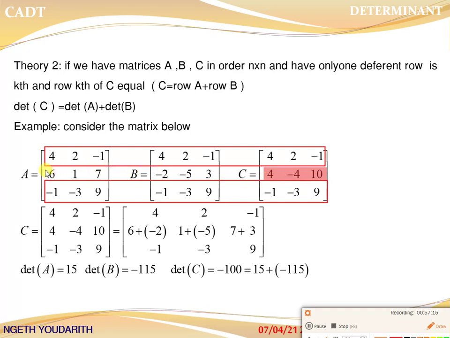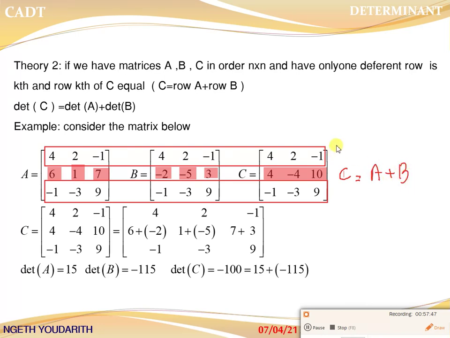It comes from 4 from 6, minus 2, and minus 4 we get from 1, minus 5, and 10 we get from 7, plus 3. So it means that C, in this case, is equal to A plus B. But row 1 and row 3 are the same, it's only row 2.